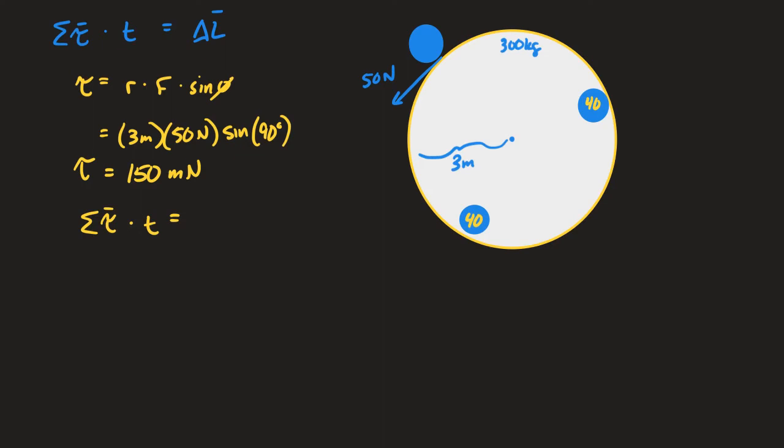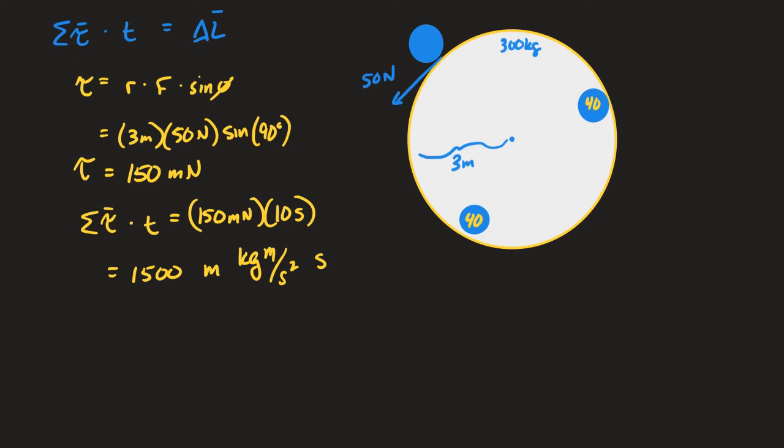So in this case, the impulse would be 150 meter newtons times 10 seconds, giving me 1,500. And here's where we should take a close look at the units. Meters times Newton, which is kilogram meter per second squared, times seconds.